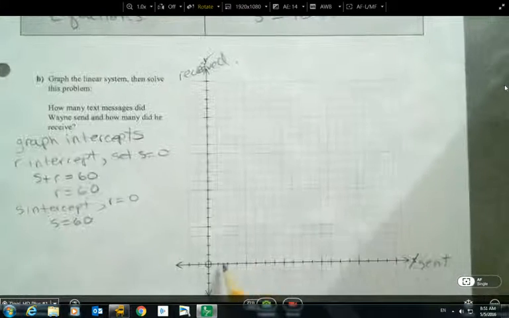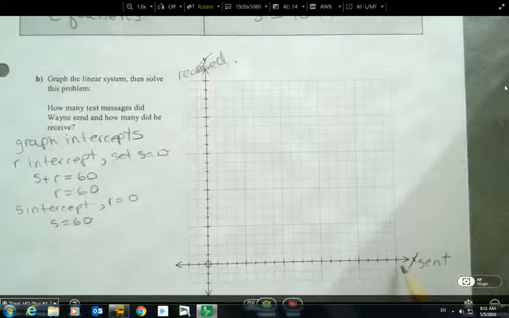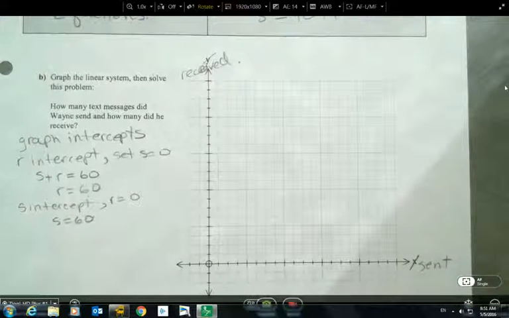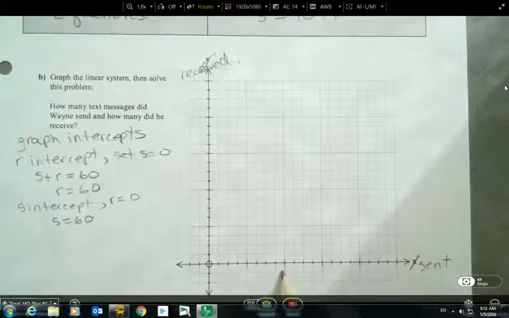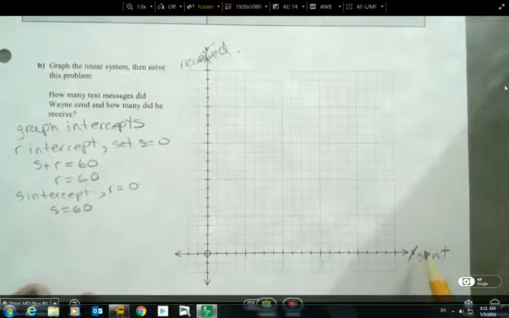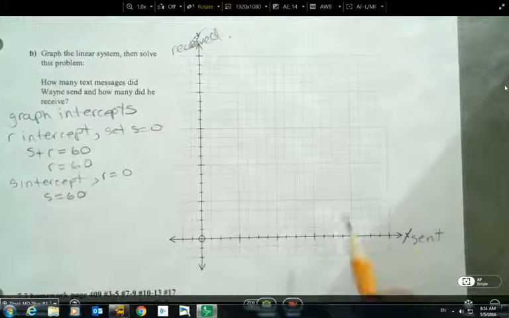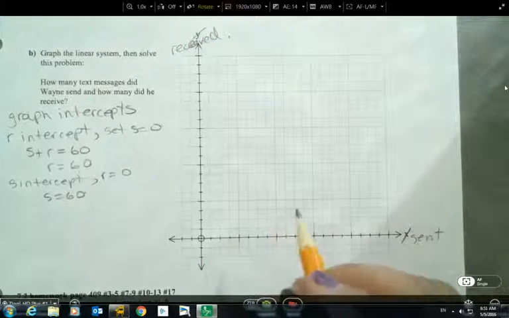Well, notice we don't have a scale written out here for us on this graph, so we need to figure out what's a good scale going to be. What do you guys think? You go up by 20? So 20, 40, 60, or I could go 10, 20, 30, 40, 50. I won't quite get to 60 if I do that, right? So let's go up by 20.